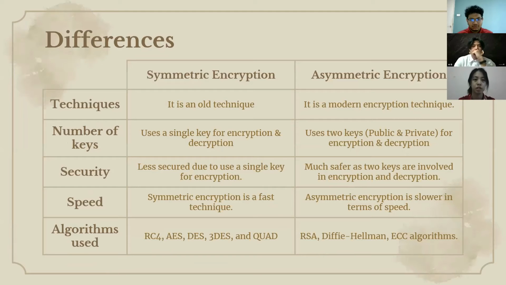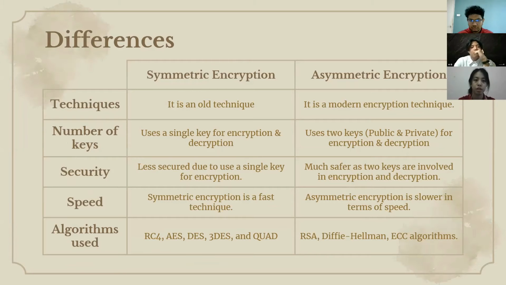So the differences between symmetric and asymmetric encryption: symmetric encryption is an old technique, while asymmetric encryption is a modern encryption technique. In terms of the number of keys, symmetric encryption uses a single key for encryption and decryption, while asymmetric encryption uses two keys, a public and a private key, for encryption and decryption.